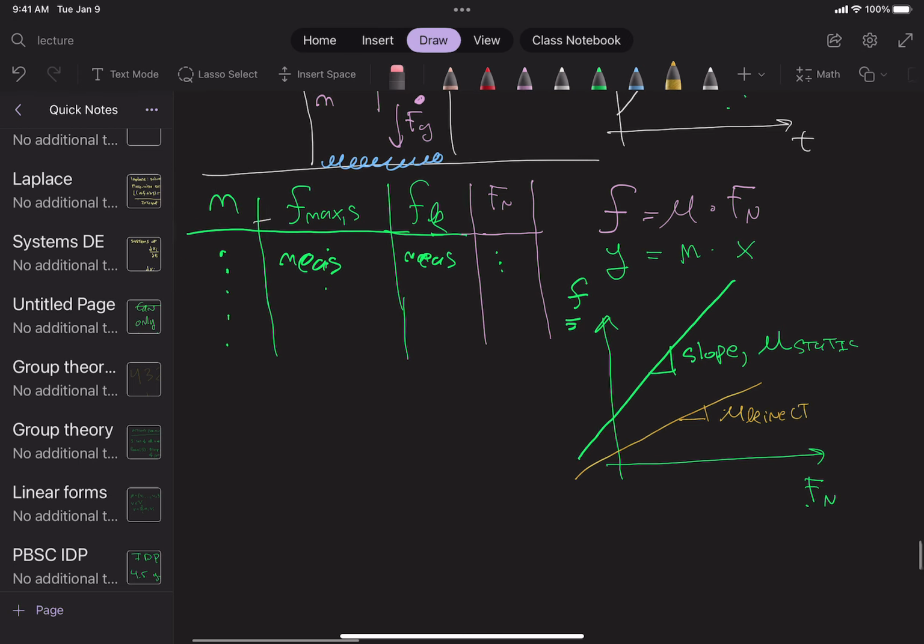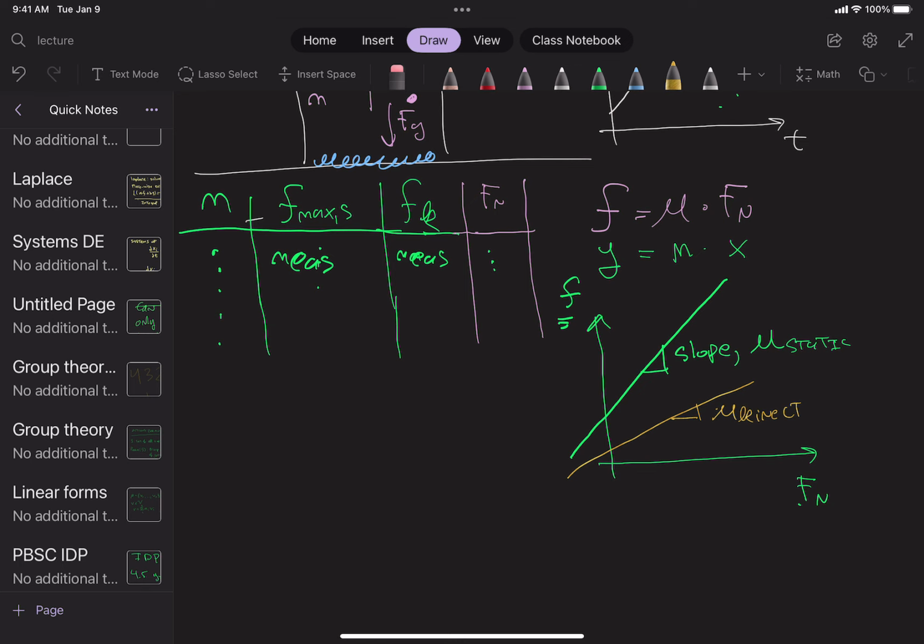But in each case, let me clarify this here. So you're going to plot static friction versus the normal force, and that's going to give you this line. And then you're also going to plot kinetic friction versus the normal force again, and that's going to give you this line. And in each case, the slope of the line is going to correspond to the roughness of the floor.